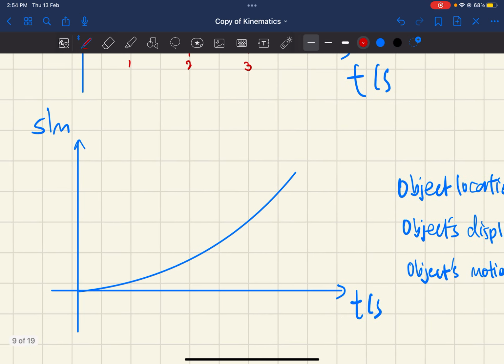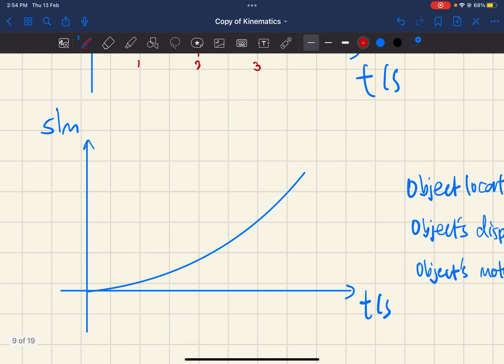Next one over here is your displacement time graph. As you can see over here, maybe I'll label this as t equals to 1, t equals to 2, t equals to 3. After every second that has passed by, can you see that the gap between the dotted lines is getting bigger and bigger?